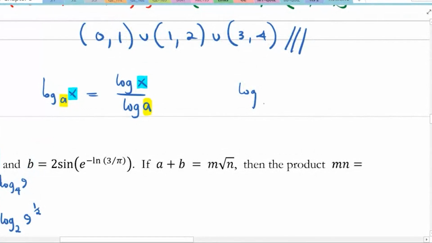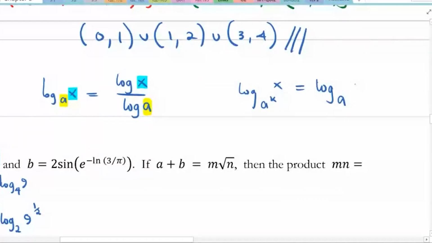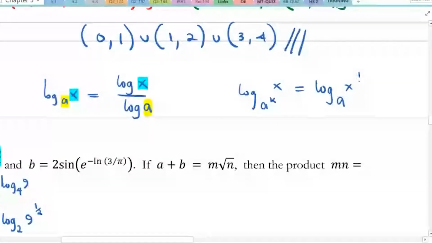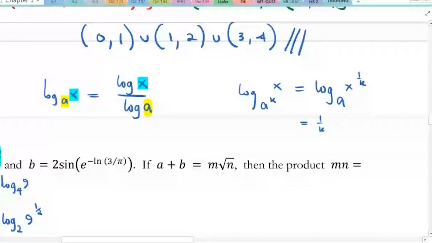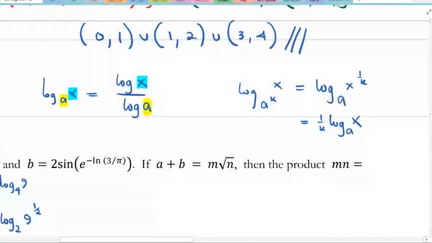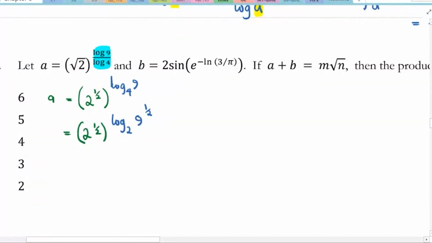The rule is this: log base a to the power of k of x is always equal to 1 over k multiplied by log base a of x directly. So this will be equal to 2 to the power of a half, and I did not touch this one yet.